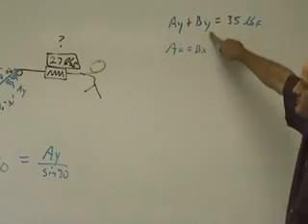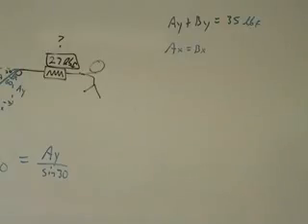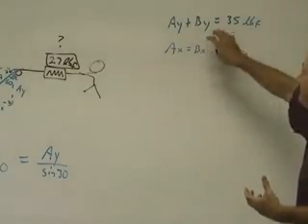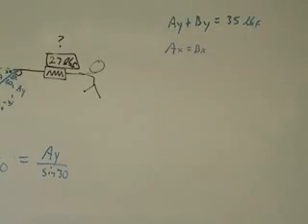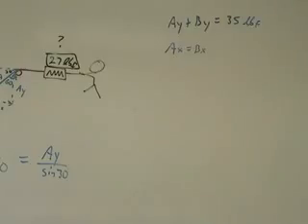I can do the same approach on the other side. I start playing with these equations and try to find one where I can substitute in here and get ay by itself. Ay is equal to all this other stuff, and the only unknown is ay. Or likewise, I can try to solve for by and get that isolated by itself.